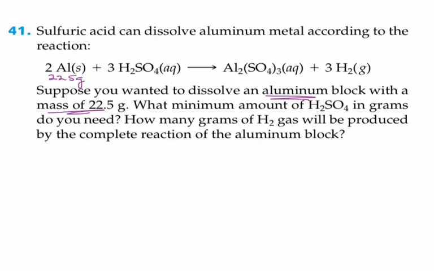There are 2 questions, and we'll do both of them. The first question is, what's the minimum amount of H2SO4 you need? So that goes like this: grams of H2SO4 you need to dissolve 22.5 grams of aluminum, kind of a practical sort of thing. And then a follow-up question is, how many grams of H2 will be produced? So, question mark grams. So you had 2 here, 2 on the previous, and 4. That's 8. You can do it.